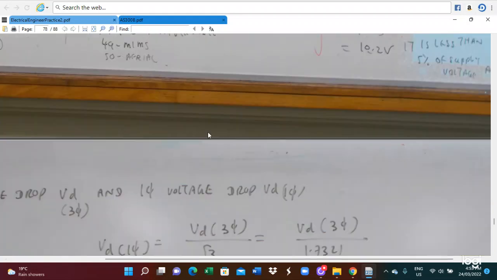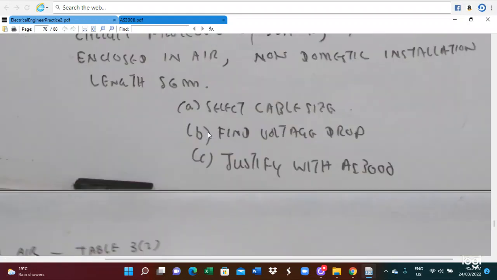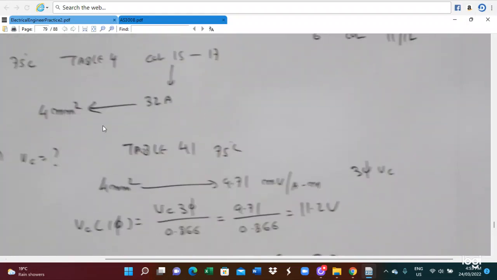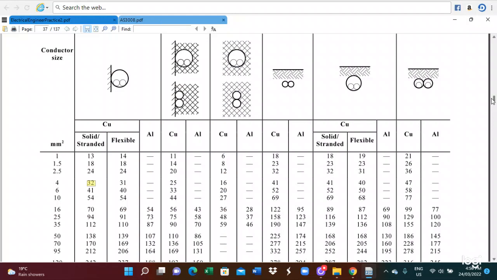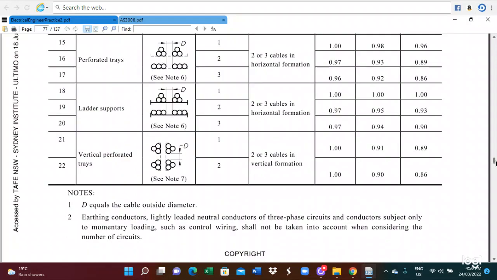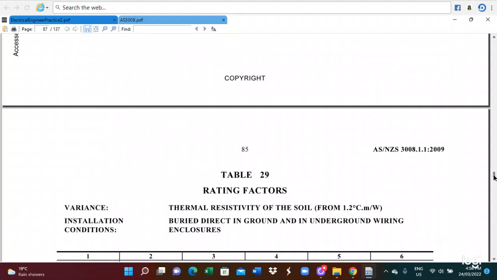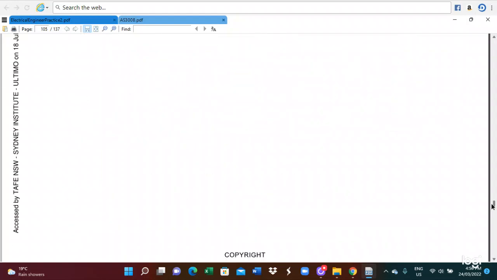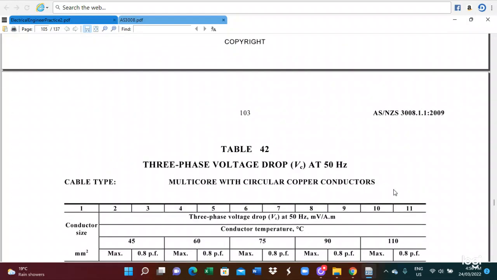From table 41, based on the 4 millimeter square, you have to find out the VC. So we look at table 41 and find the VC. This is the table 41 we got.